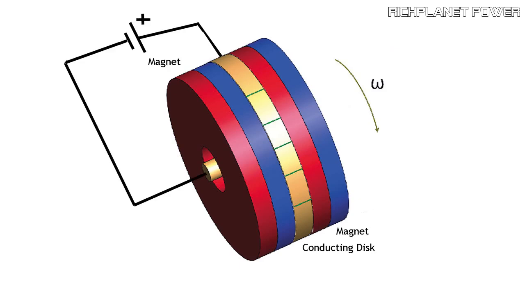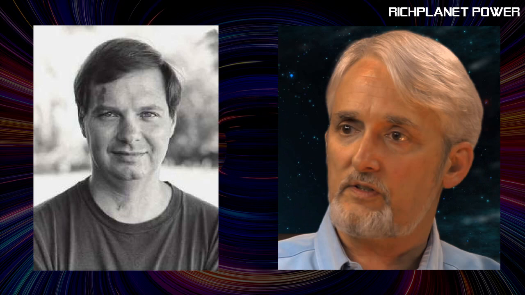This puzzled Michael Faraday because there is no relative motion between the magnets and the disc, and he was so surprised that this became known as Faraday's paradox. Researchers who have investigated the co-rotating homopolar generator, such as Bruce De Palma and Adam Trombly, built a number of machines in the 1980s and 90s and made claims that this type of machine, if designed correctly, could produce more electrical power out than the power required to drive the machine.